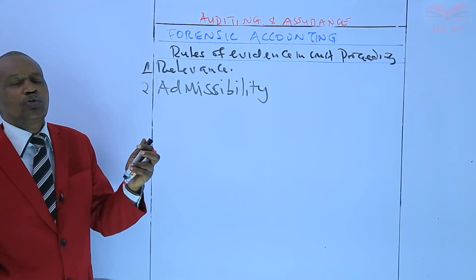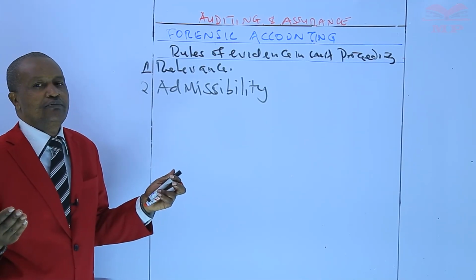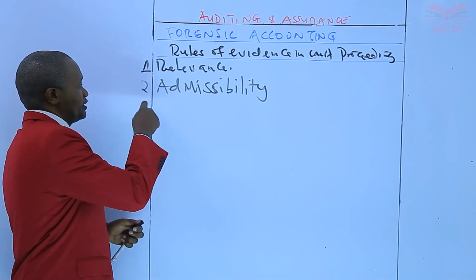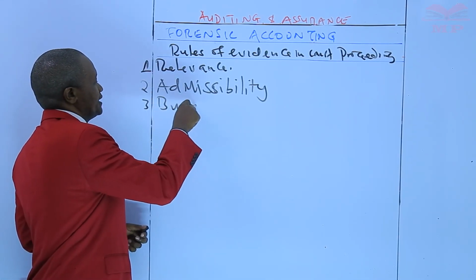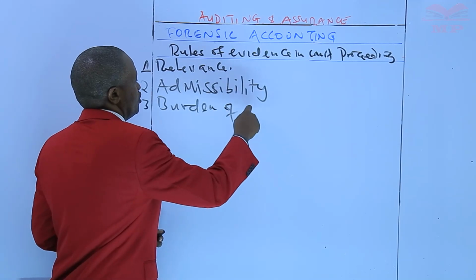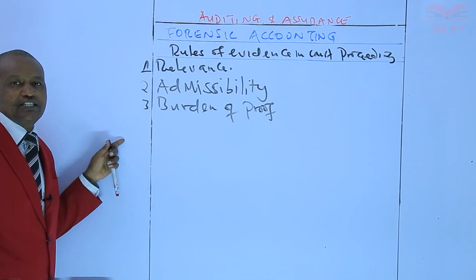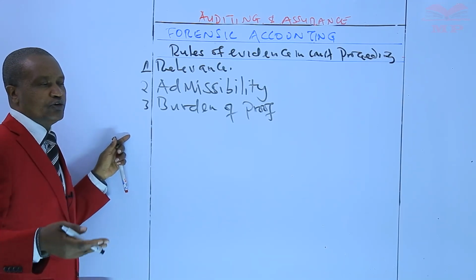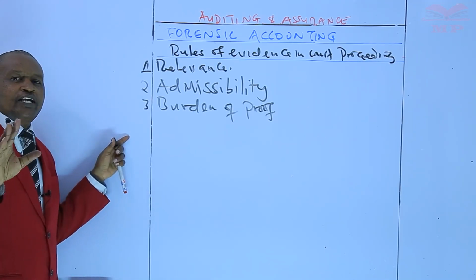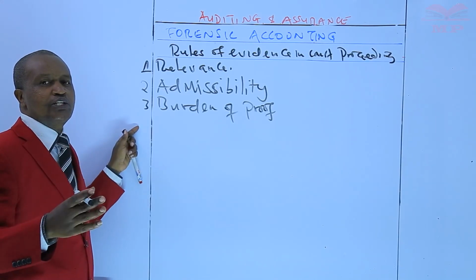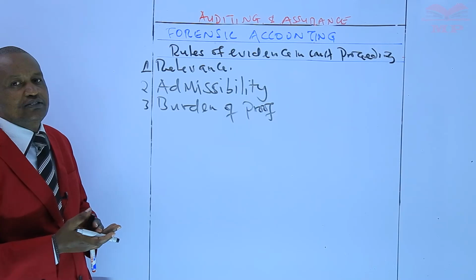There could also be burden of proof. Number 3. The burden of proof rests with the party asserting a claim or seeking to prove a fact.